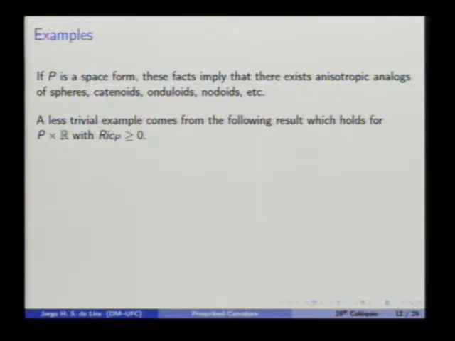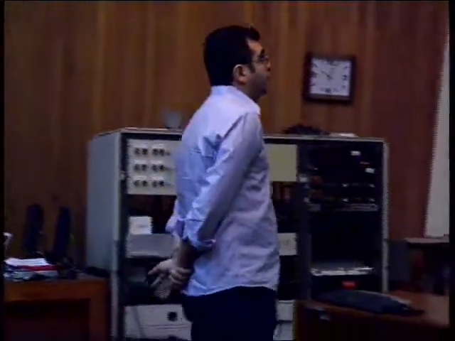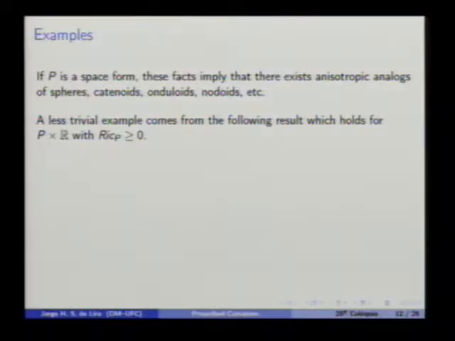But this is a very trivial construction. A less trivial one is to consider graphs, avoiding the assumption that P is a model space, a space form. You could replace this by only considering P with non-negative Ricci curvature. And in this case, you could easily obtain the existence of graphs.